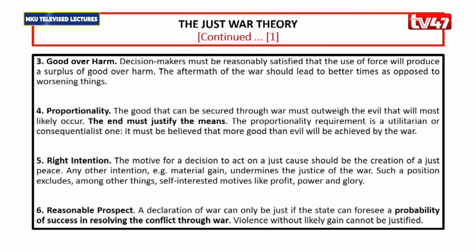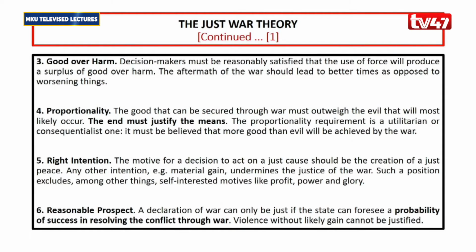And then there's the whole idea of a reasonable prospect. When you go to war, you need to go to war knowing that you will win the war, because it's highly likely that you can go to war and you get defeated, and as you get defeated, it leads even to more damage than when you had not actually gone to war.